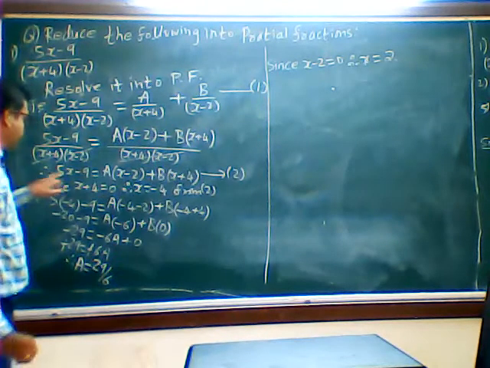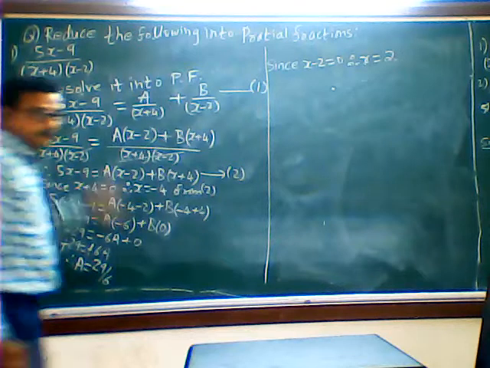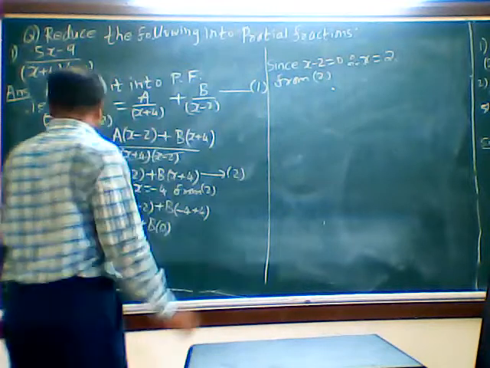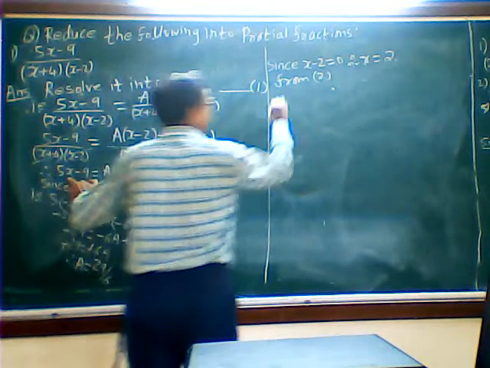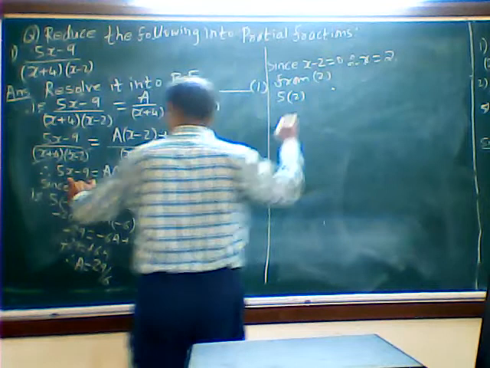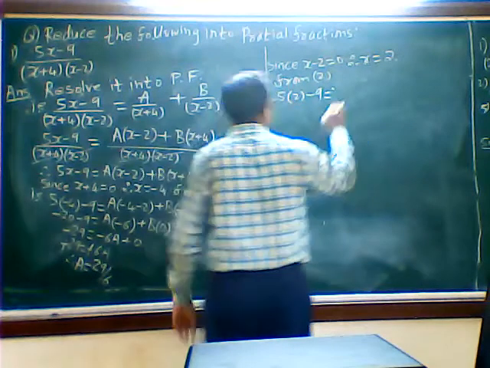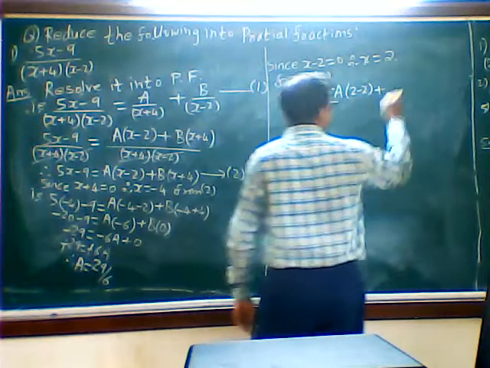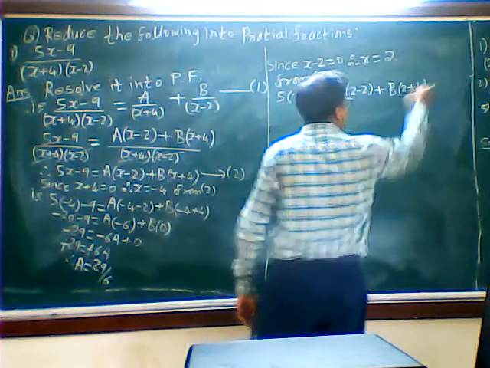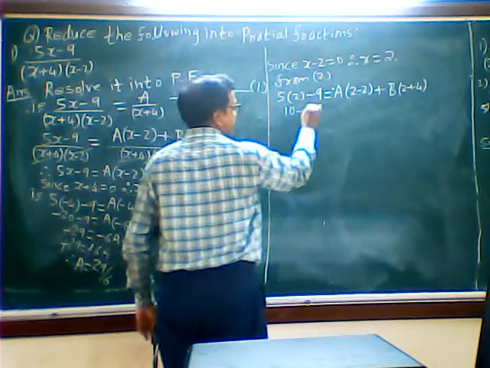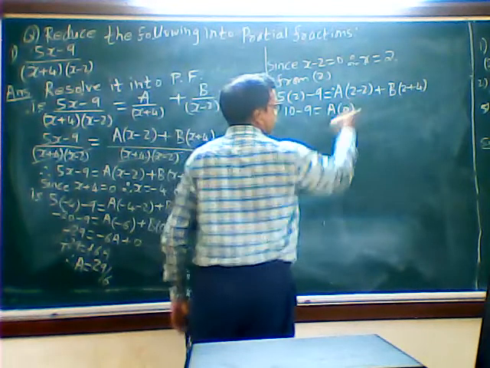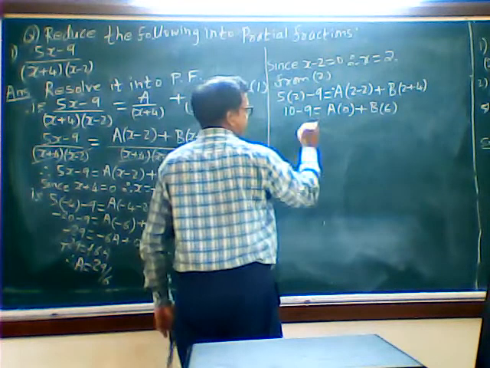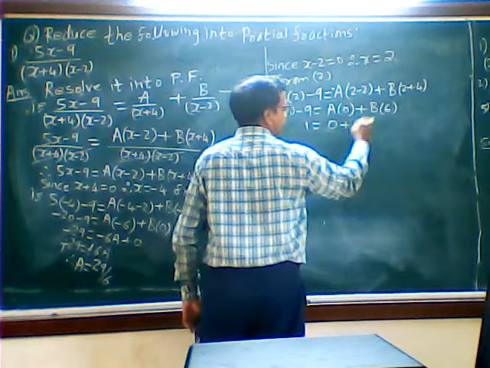In equation 2, wherever x is there, I will put 2. So 5 into 2 − 9 = A(2 − 2) + B(2 + 4). 5 twos are 10, minus 9 is equal to, 2 − 2 is 0, plus B(2 + 4). 10 − 9 is 1, so 1 = 6B.